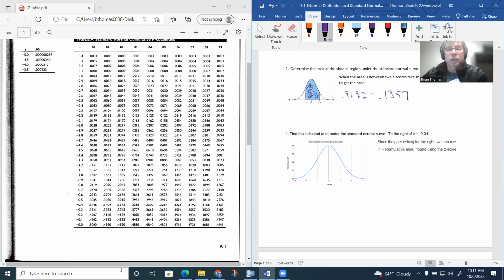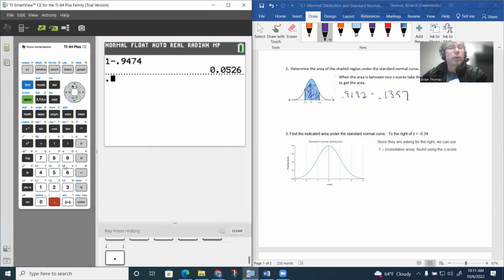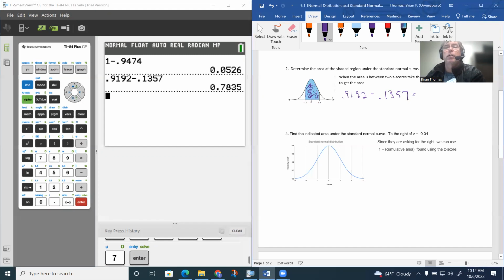So if I use my calculator, 0.9192 subtract 0.1357, that's going to give me 0.7835. So that would be the area between the two z-scores. Again, that's our cumulative probability as well.